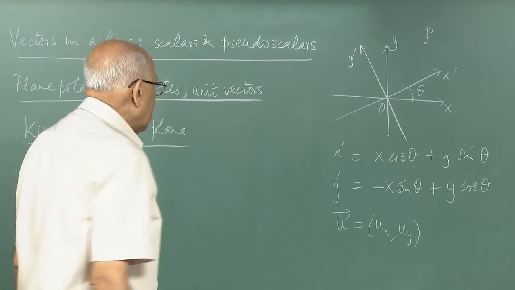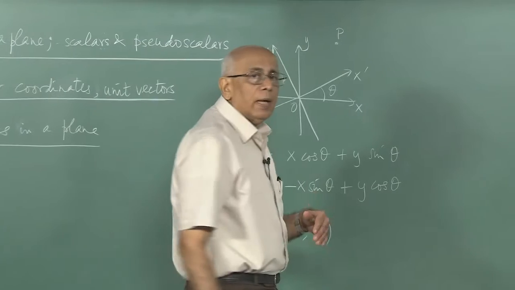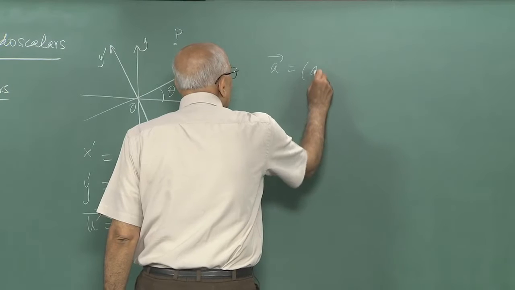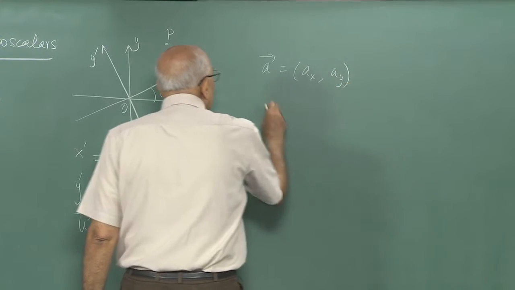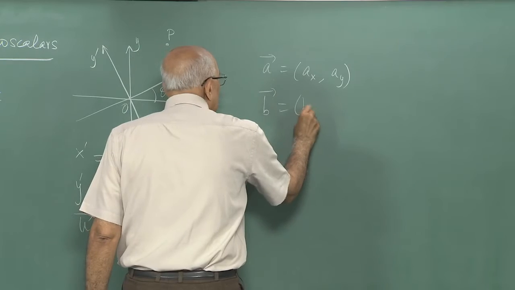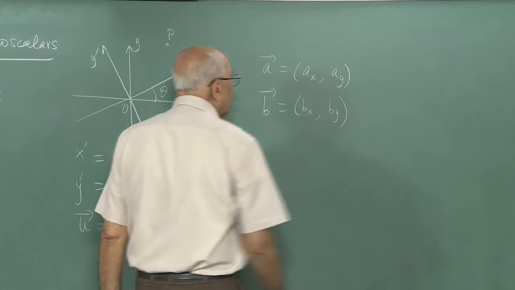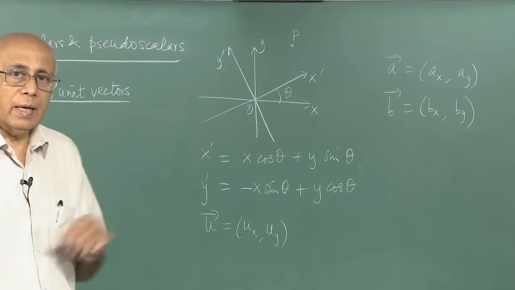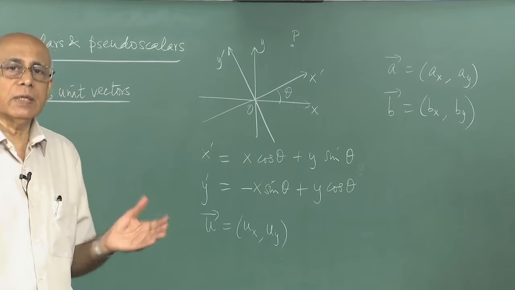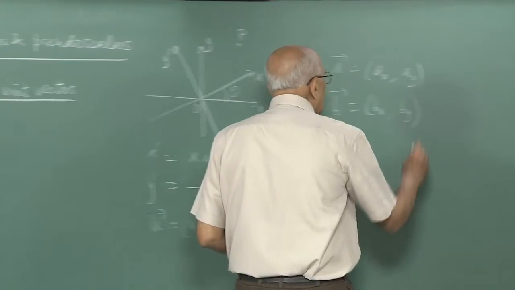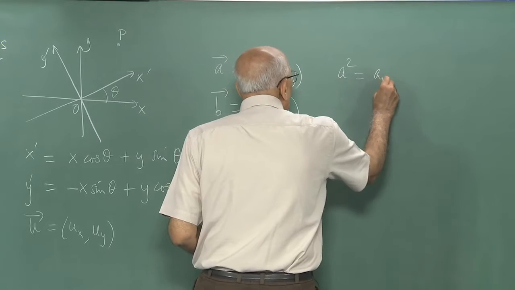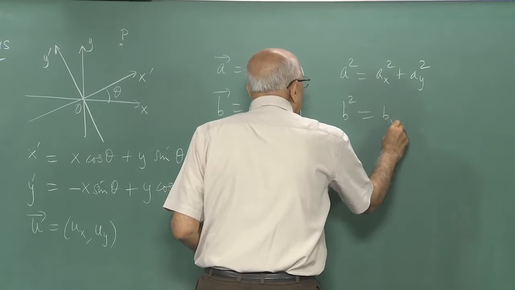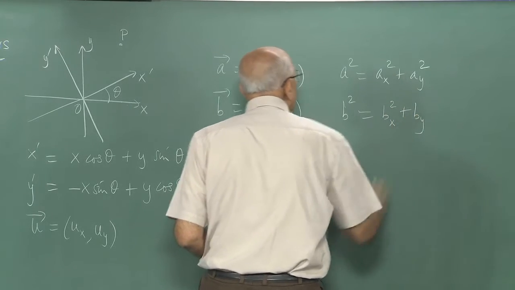Now once we defined a vector in this fashion, we introduced the idea of a dot product. So if you have a vector A which has got components ax and ay, and another vector B which has got components bx and by, then from these two vectors A and B, you can actually form three different scalars. One of them is a squared, which is ax squared plus ay squared, and similarly b squared, bx squared plus by squared.